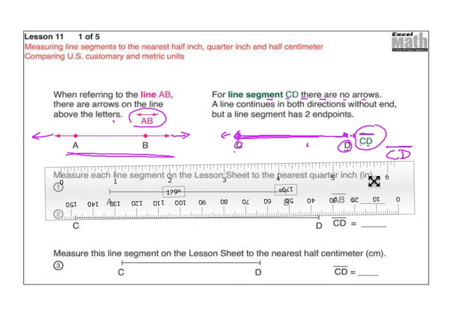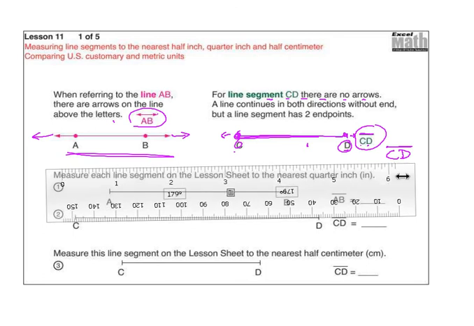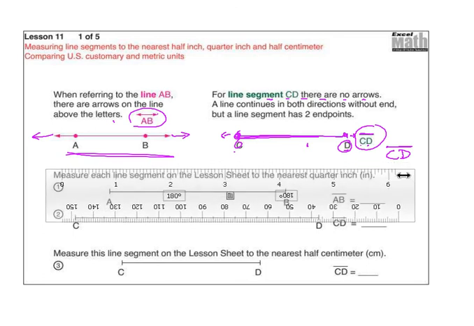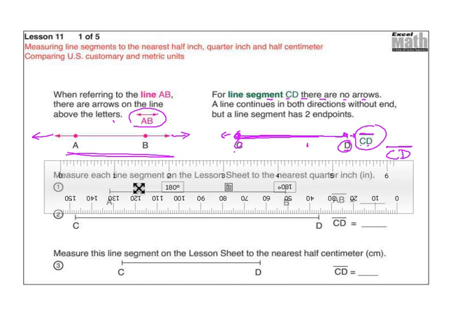Let me see if I can get this a little bit straighter here. There we go. All right, the nearest ¼ inch. ¼ inches are 1/4 of an inch. So here is 0.